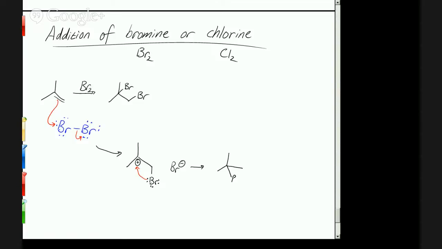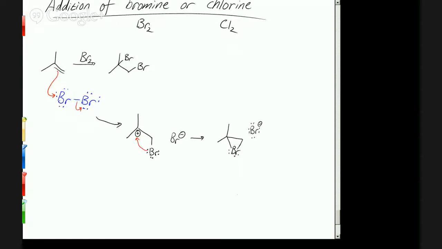So we come up with this weird sort of looking thing, a three-membered ring with bromine in it. And the name for this type of a thing is a bromonium ion. It actually has a positive formal charge, if we calculated that out.